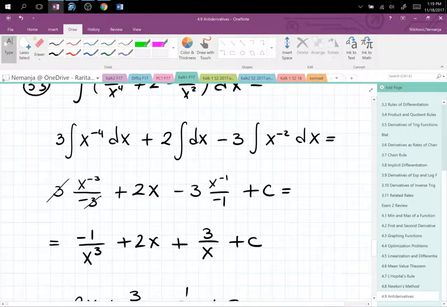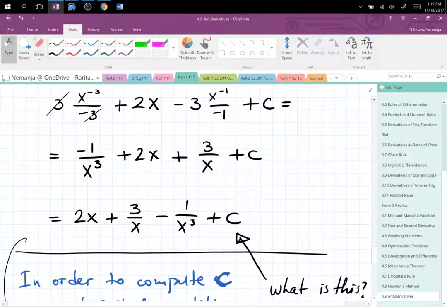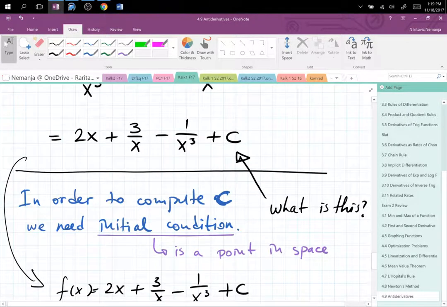So you solve the integral, and when you get the answer on the bottom, you can compute that c only if you have initial condition given. And if you are confused on what initial condition is, well, let's say you're going to make a turkey. Initial condition would be the temperature of a turkey after 30 minutes of baking.